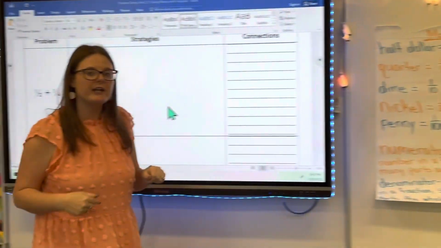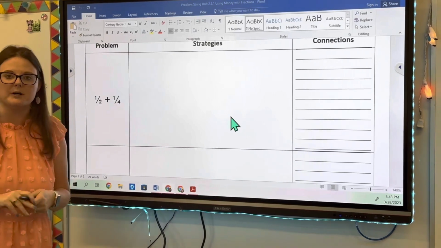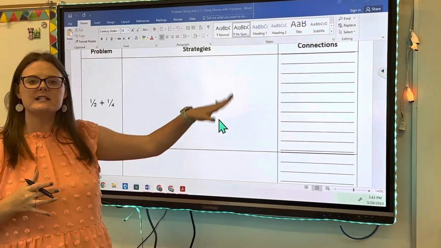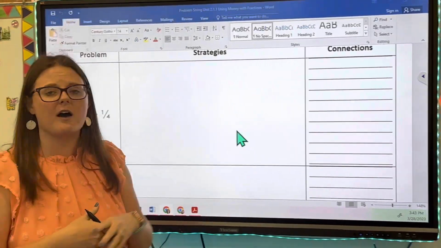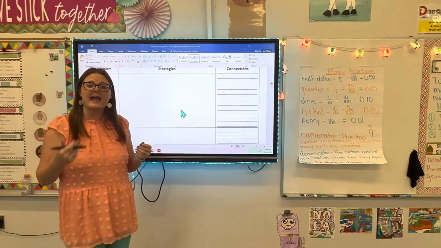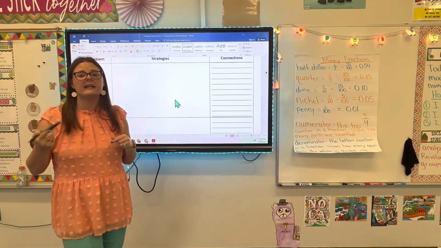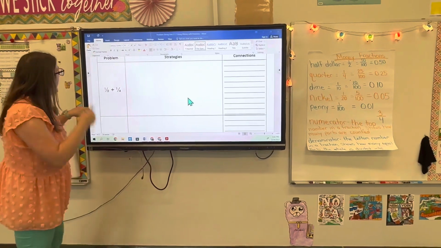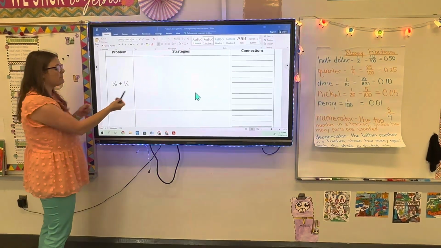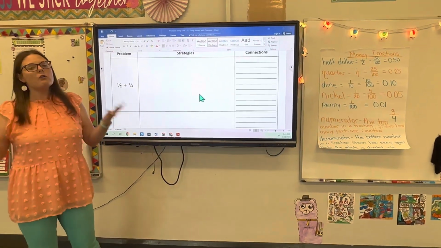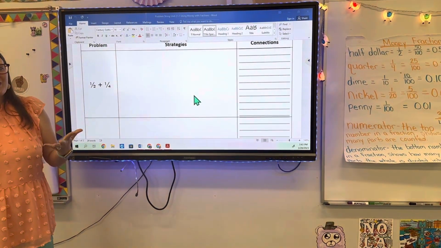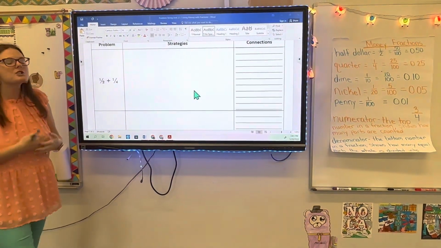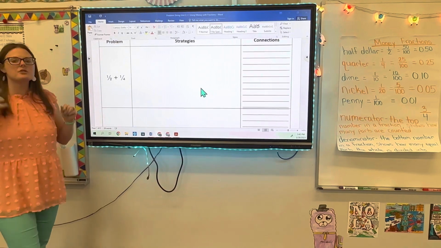So if you step over here with me, I've got some problems, and you guys feel free to pause my video and zoom in on the anchor chart. I'll also take a picture of the anchor chart and I'll link it as well for you. But our first one is a half plus a 1/4. So old school way, I know we like to get those denominators the same, but when we're talking about money, I want you to think a half.